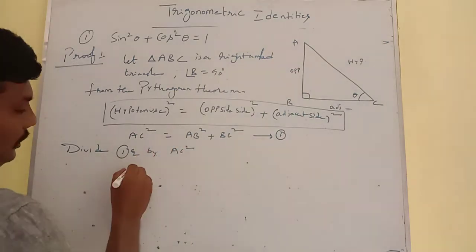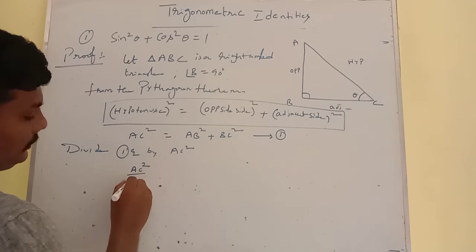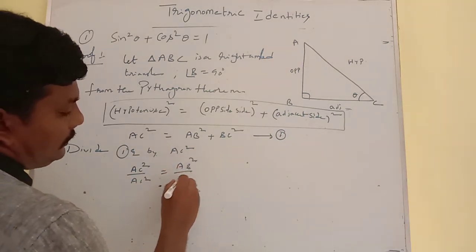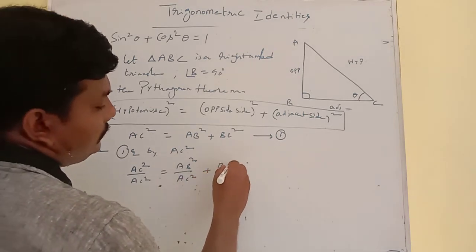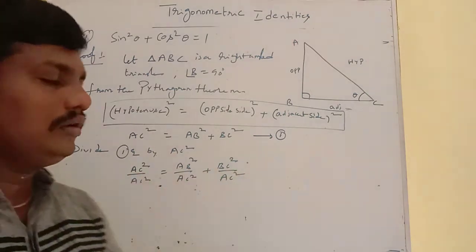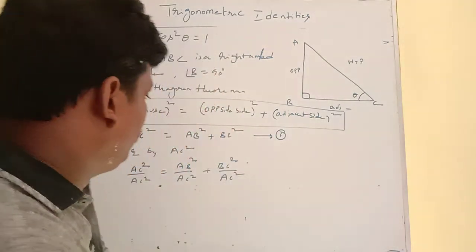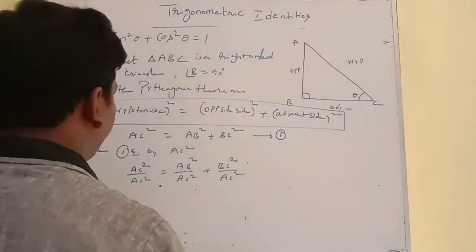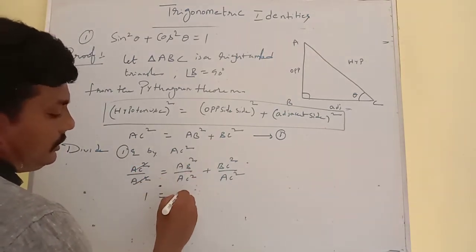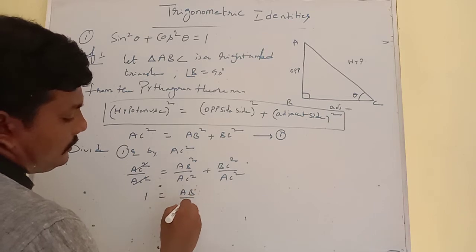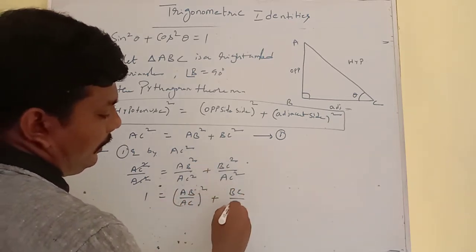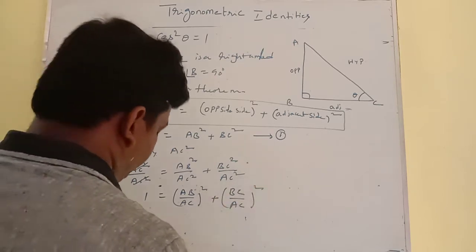So AC square by AC square equals AB square by AC square plus BC square by AC square. This is your obtained equation. Now AC square gets cancelled, it becomes 1. Then this is AB by AC whole square, and this is BC by AC whole square.